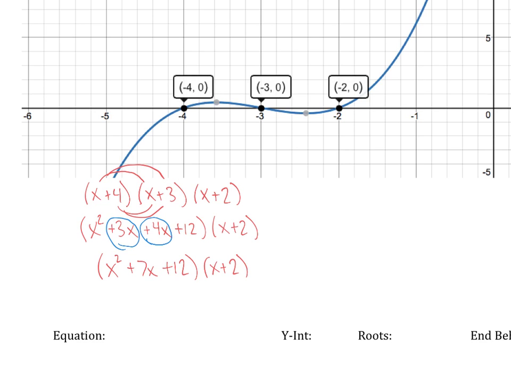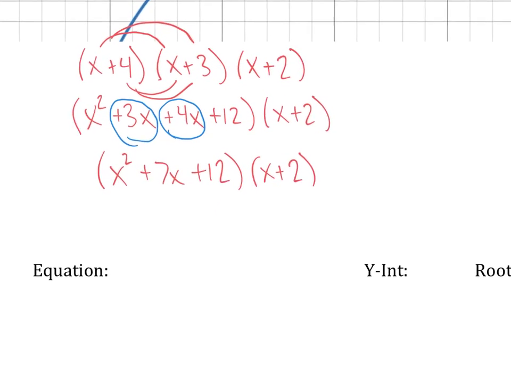And that is still there. So we're not done yet. We still have to multiply by x plus 2. Just going to recenter here to give us some space.